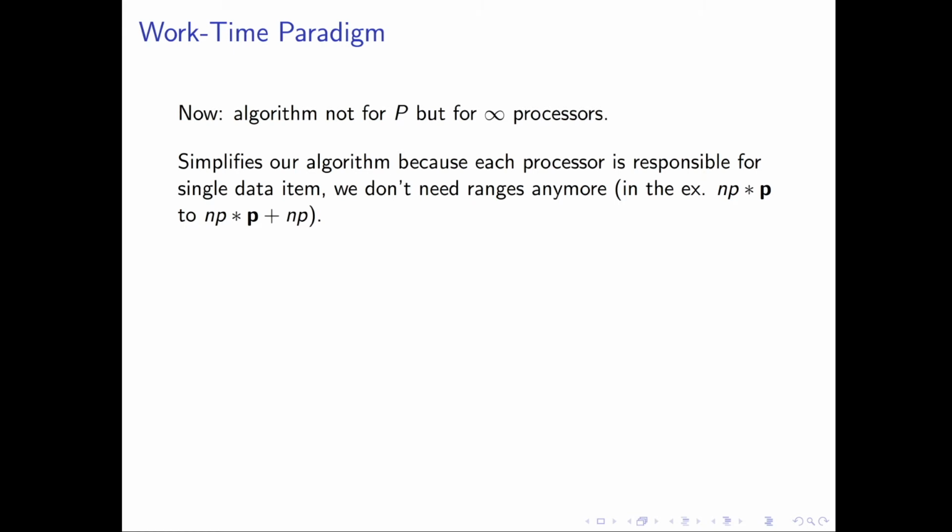With the PRAM model, we are always assuming a definitive number of P processors, but with the model that I'm introducing now, which is basically an extension to the PRAM model, we'll assume that there is an infinite number of processors. This will simplify our algorithm a lot, because in the end, we don't have to take care of ranges anymore.